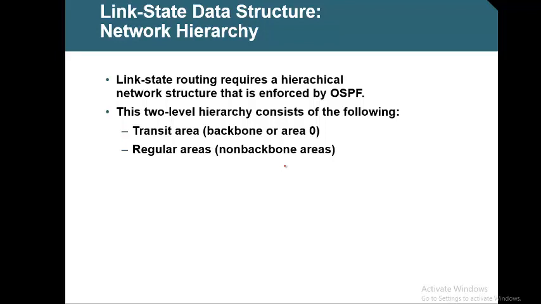So the efficiency of the total network goes higher. See the advantage of having multiple areas. You can summarize all area 1 networks at the border ABR, so that whenever a change happens, it will not be flooded everywhere. It will be flooded only within the area.